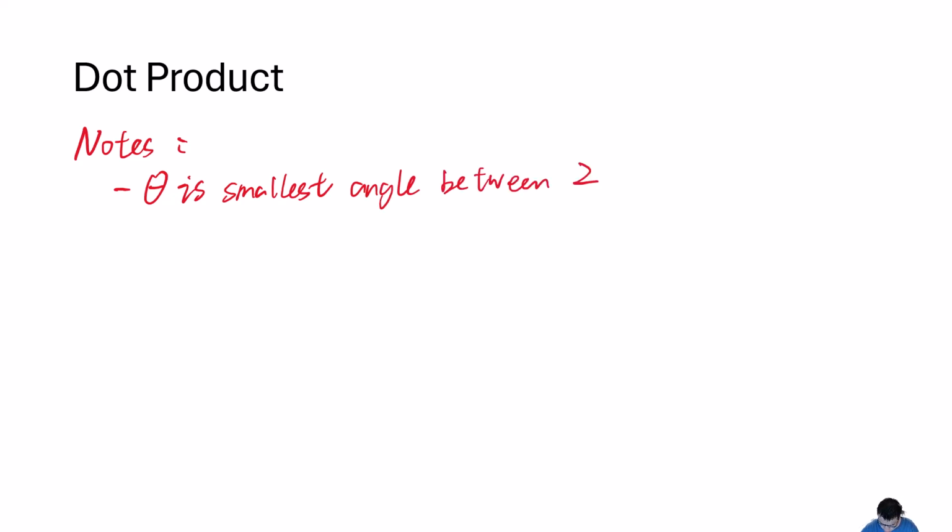Some notes for the dot product. What is theta? Theta is the smallest angle between two vectors in 3D, which means theta falls in the range of 0 to 180 degrees.